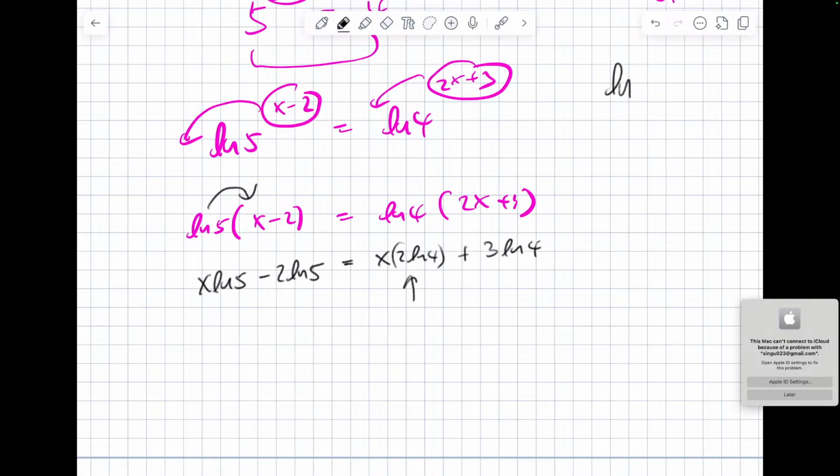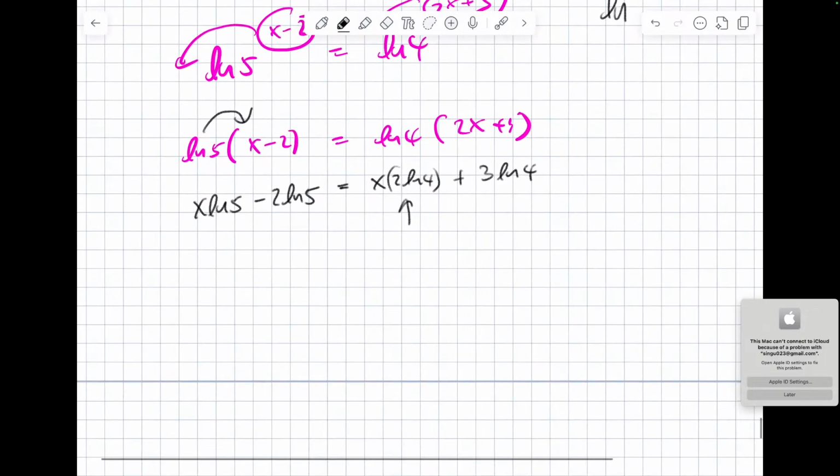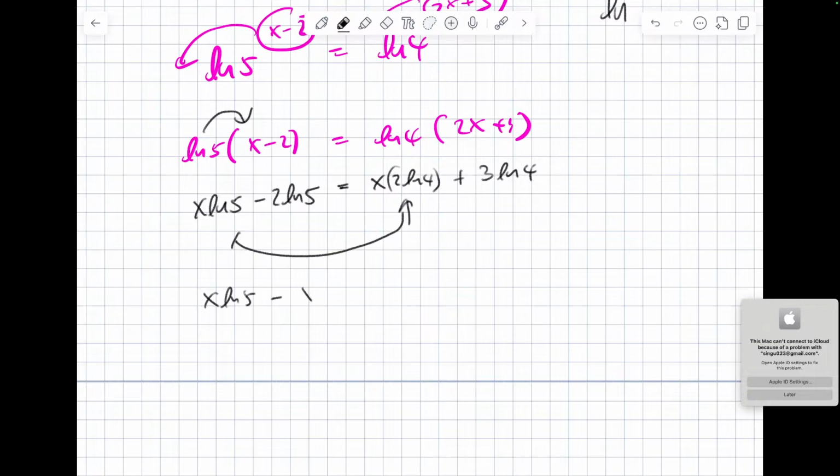Yes, so I organize with the constant and variable together, so that you don't have to take out the x later. Okay, now I'm going to move to this side. It'll be x ln of 5 minus x times 2 ln of 4 is equal to 3 ln of 4 plus 2 ln of 5.